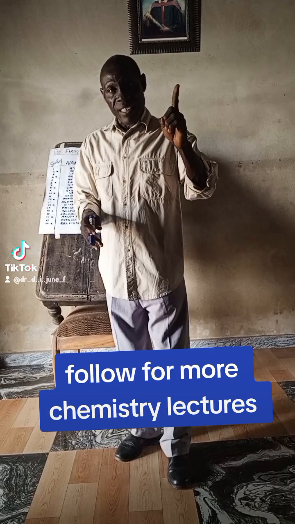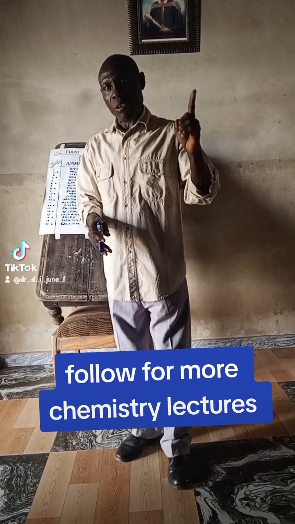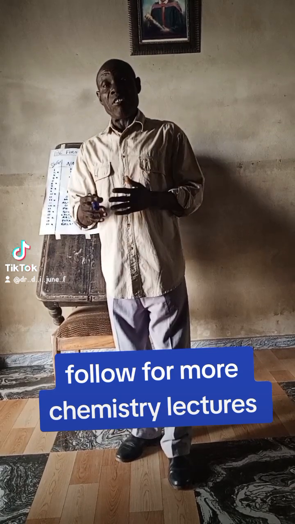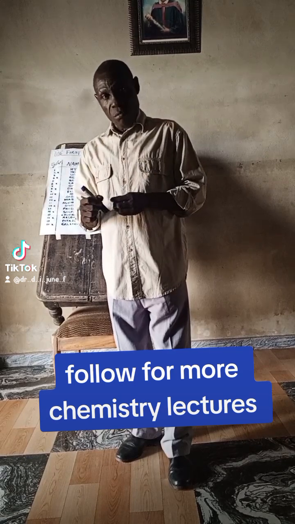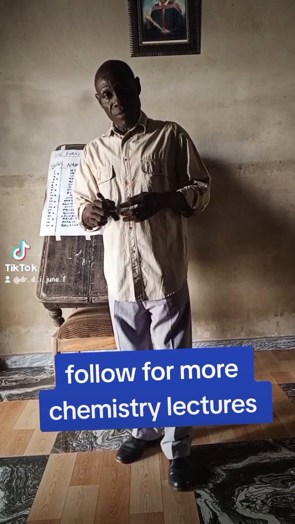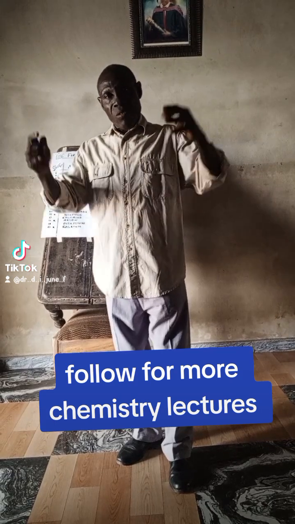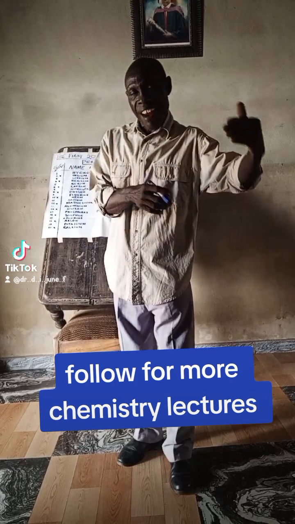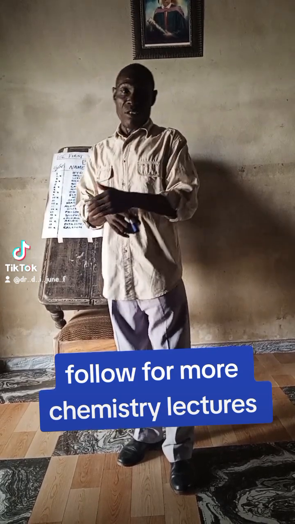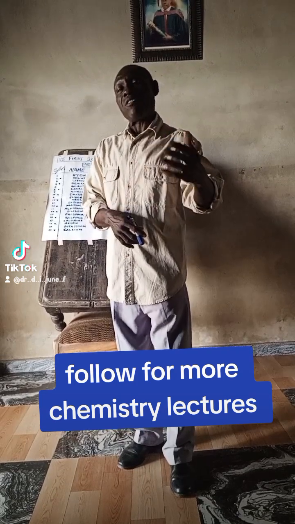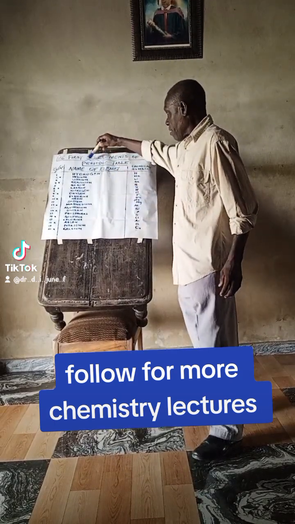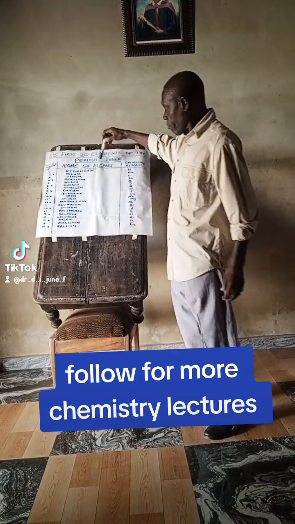For example, 1 is an odd number, 3 is an odd number, 5 is an odd number. Then the even numbers we have 2, 4, 6, 8, 10, 12, and so on. All these numbers I've just spoken, the elements are arranged in that manner in the periodic table. So, having known this, you can see the first 20 elements in the periodic table.